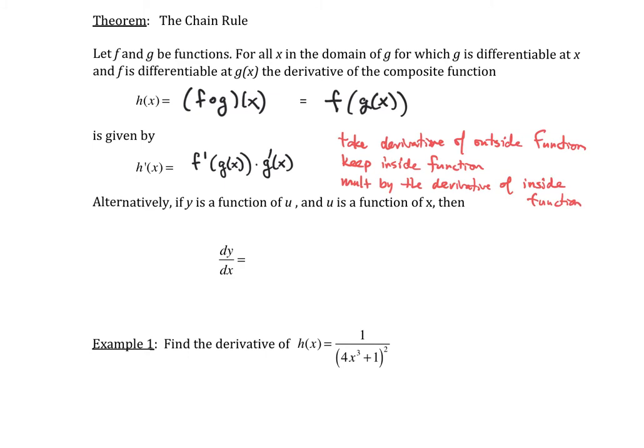All right, so let me highlight this formula because it's for sure a big deal. We use this all the time in calculus.